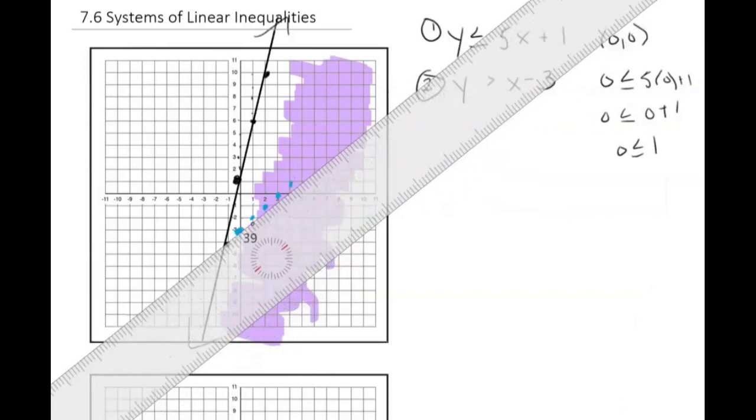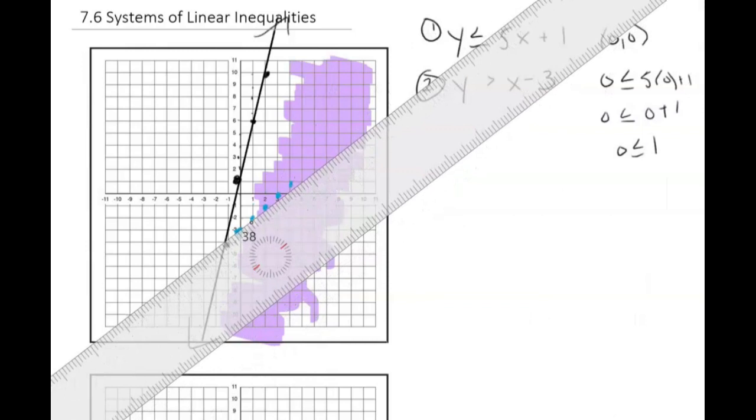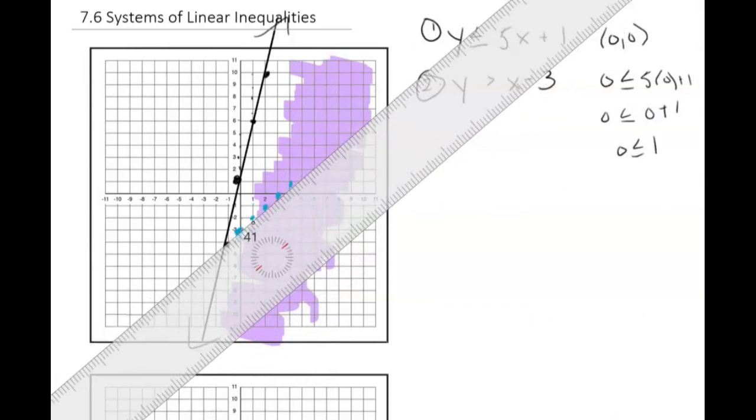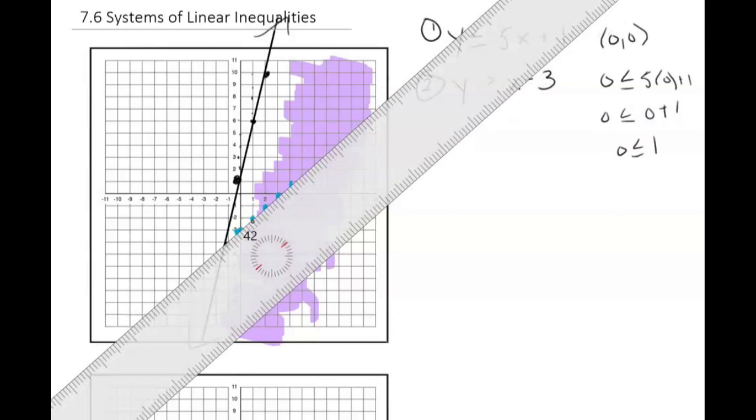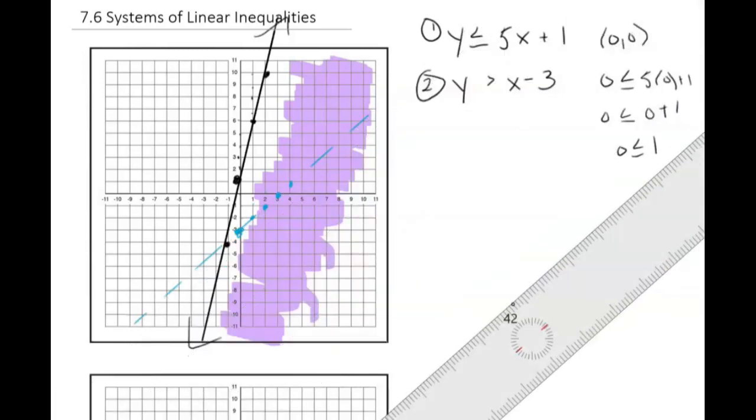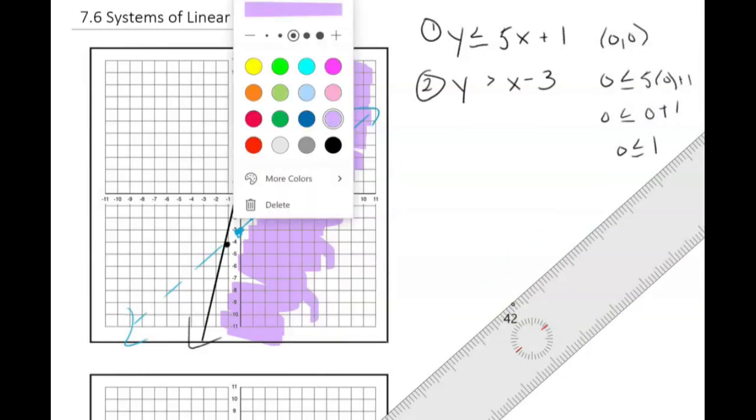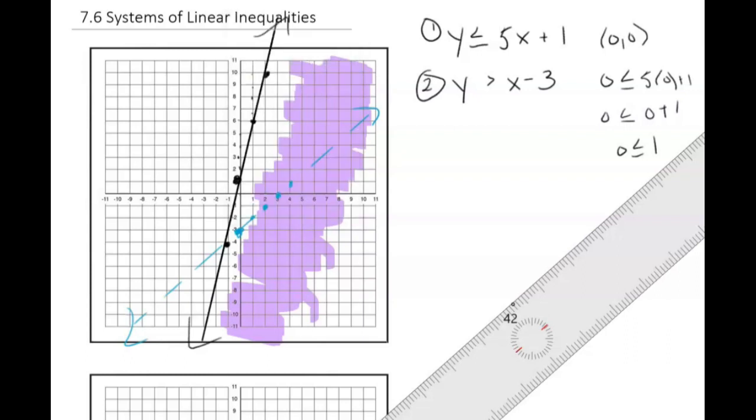Is this going to be a dotted or a solid line? Say it out loud with me now. This one should be a dotted line, because it is not equal to, it is strictly greater than. So let me use a blue highlighter here. These values are going to go above.